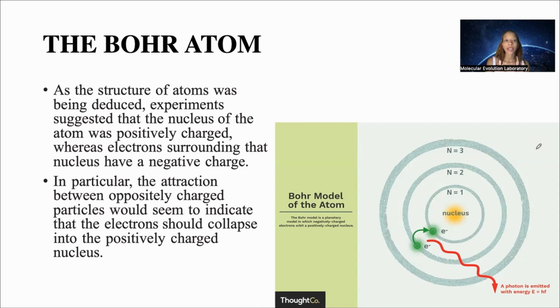Bohr suggested that the nucleus of the atom is positively charged, whereas the electrons surrounding the nucleus have negative charge. This results in an attraction between the electron and the nucleus, which would indicate that the electron should collapse into the positively charged nucleus. Bohr also suggested the different energy levels, where a photon is emitted with a given energy.